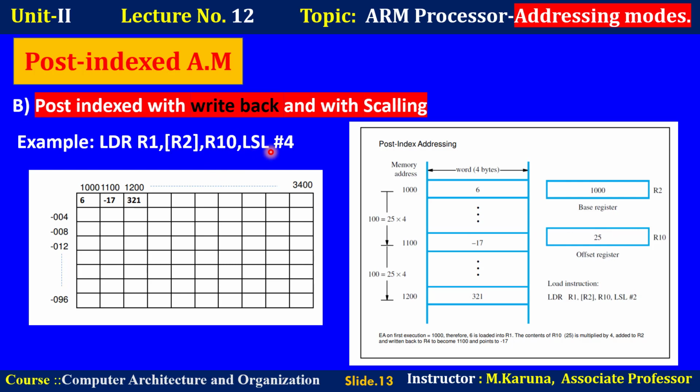The shift left operation is performed only on the R10 register. If you perform it one time, 25 into 2. This is the example for LDR R1 comma R2 comma R10 LSL hash 2. Here I said hash 4, but this is not hash 4, this is 2.